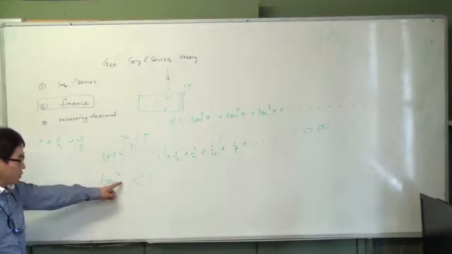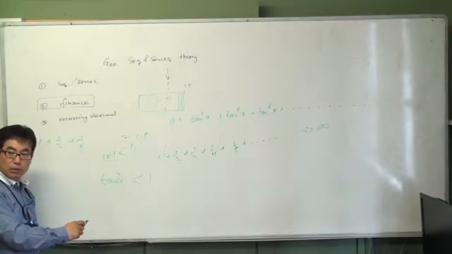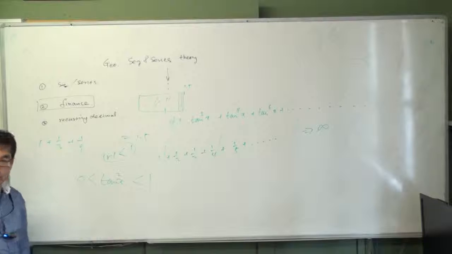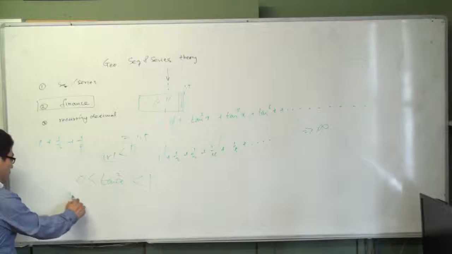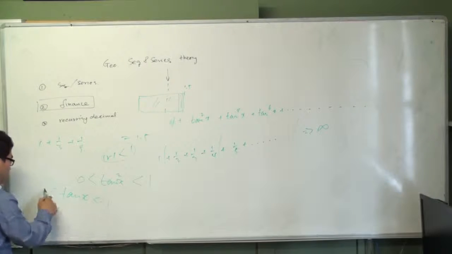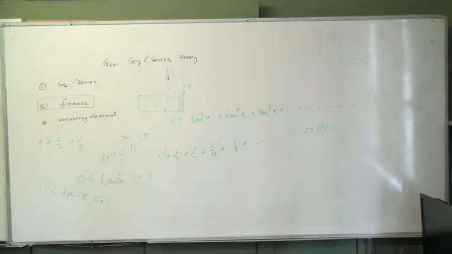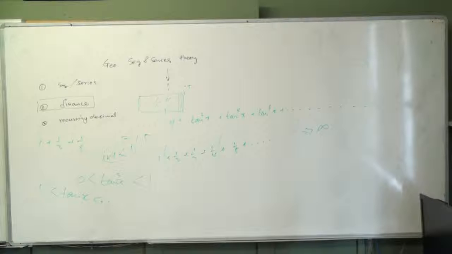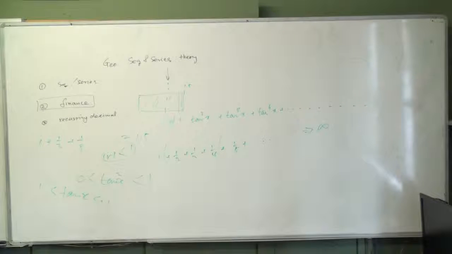Of course, because it's square, it can't be less than zero. That means tangent of x is between minus 1 and plus 1, isn't it? Then what's the answer? Between plus minus pi on 4, plus minus 45 degrees.